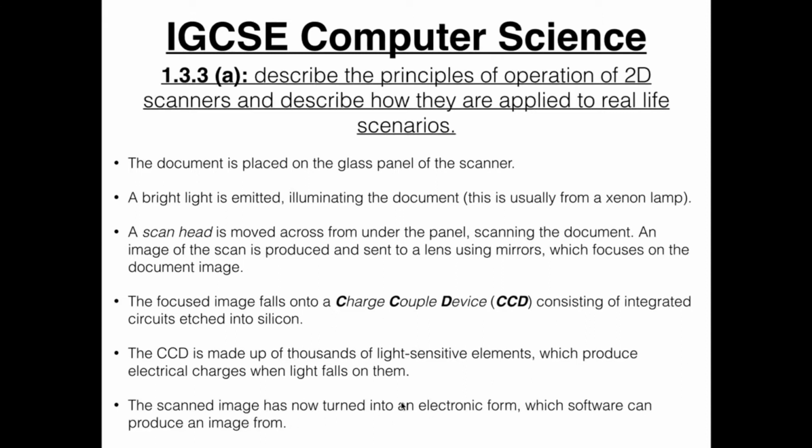The scanned image is now turned into an electronic form, which software can produce an image from. So, for example, if you scan a document such as a textbook cover, you can get an electronic copy of that image on your computer.